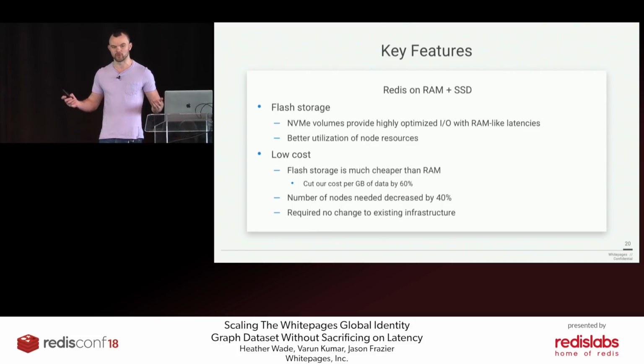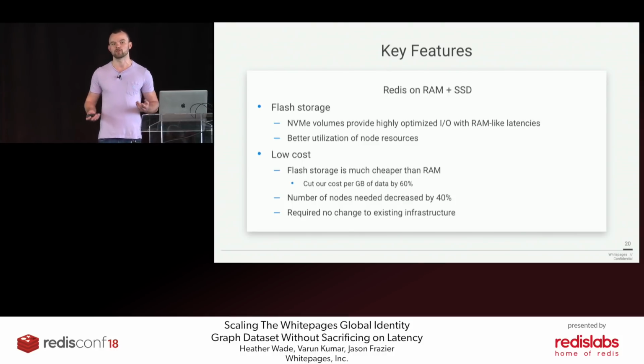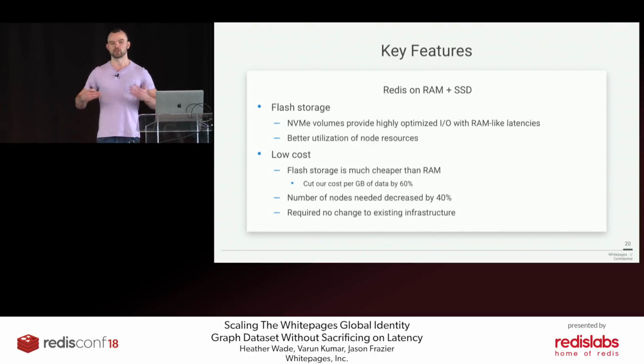It was also utilizing the node resources more, as we weren't just using nodes for RAM. We were seeing CPU utilization of less than 1% when using Elasticache, as we had these beefy nodes literally just because they had RAM. And now we can actually use more of the node.